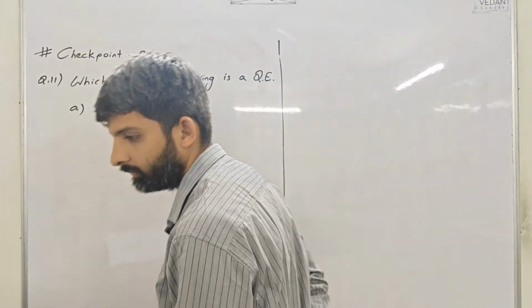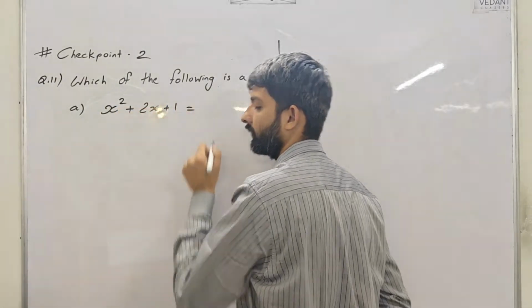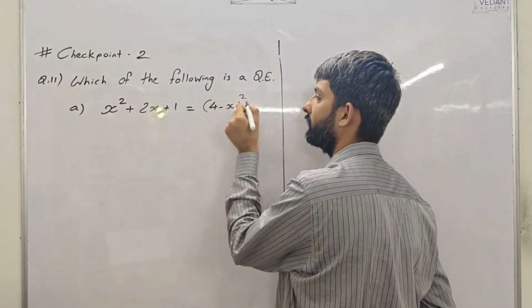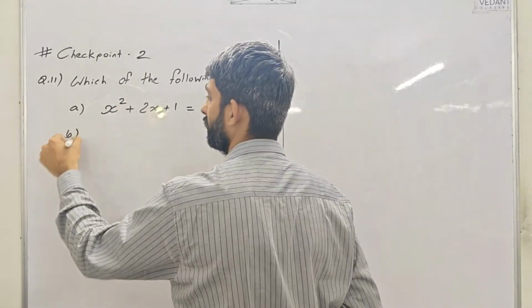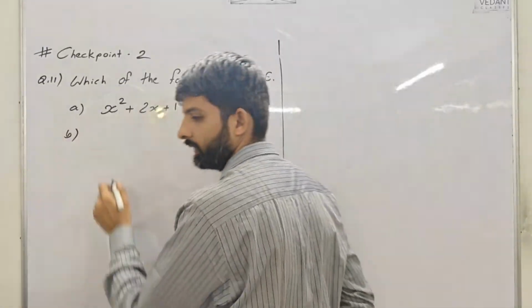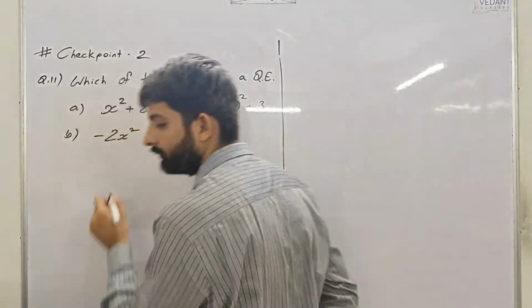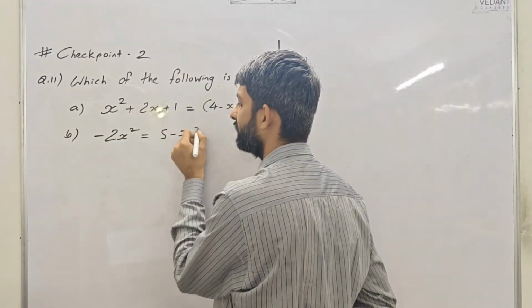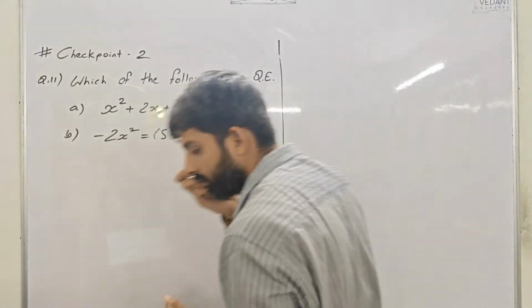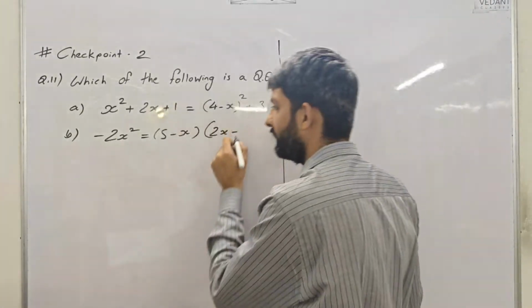Option A: x square plus 2x plus 1 is equal to 4 minus x square plus 3. Option B: minus 2x square is equal to 5 minus x into 2x minus 2 by 5.